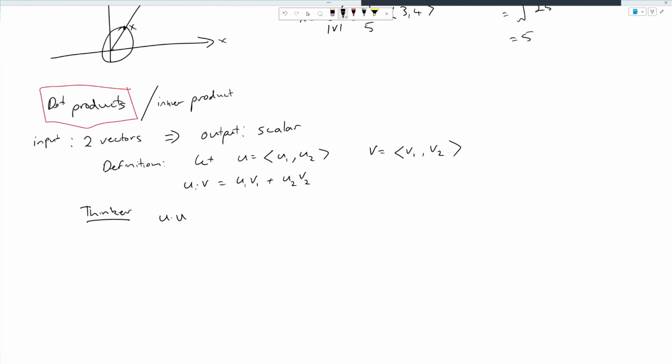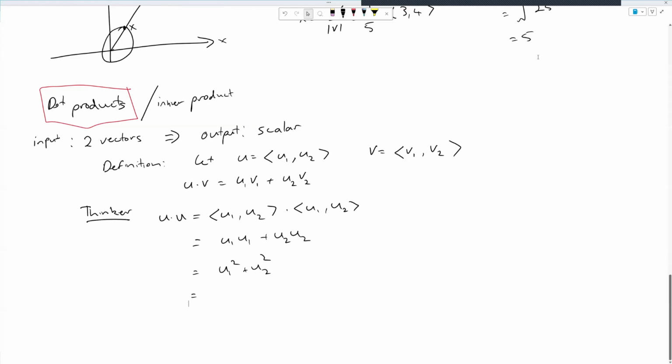Let u equal to this vector, u1, u2. U dot u would be, again, just the components multiplied by each other: u1 u1 plus u2 u2, which is equal to u1 squared plus u2 squared.